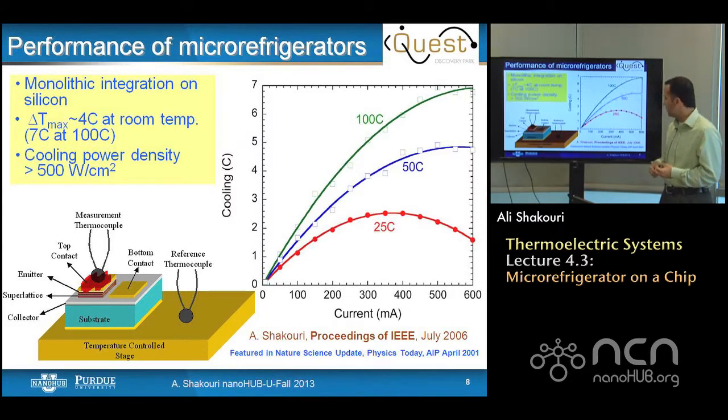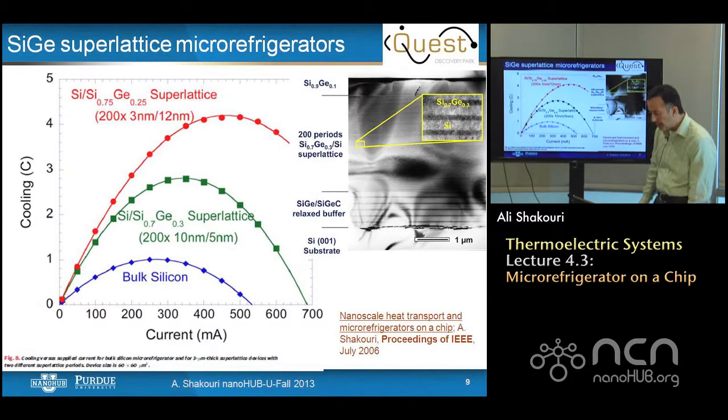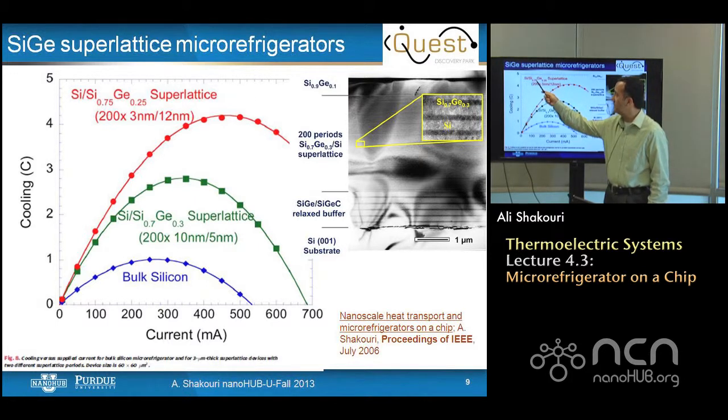But here I want to show that you have a device where you get the same 7 degree cooling, but with a material whose inherent ZT is not very large, and we will show later what the ZT numbers are. Here are the results with different types of superlattices. In this case it is silicon germanium with 25% germanium, where the layer thicknesses are 3 nanometer silicon, 12 nanometer silicon germanium, 200 periods.